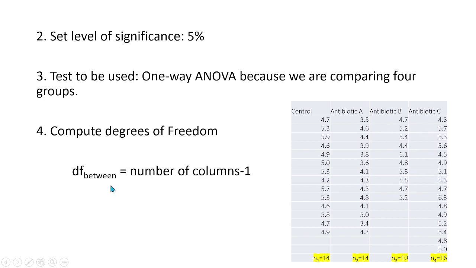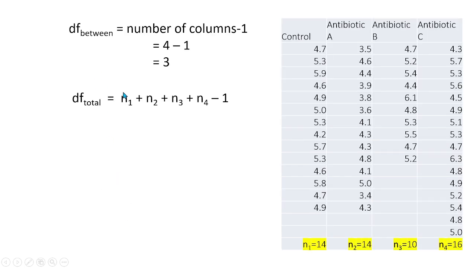Next is to compute the degrees of freedom. The first degrees of freedom that we're going to compute is the degrees of freedom between. The formula is number of columns minus 1. So we have column 1, 2, 3, and 4. So that's 4 minus 1. 1 is constant. So df between equals 3. Now for the df total, we are going to add n sub 1 plus n sub 2 plus n sub 3 plus n sub 4 minus 1.